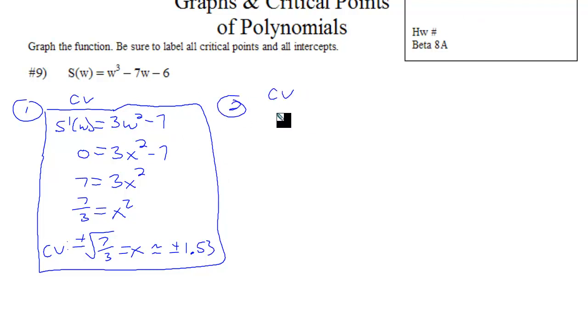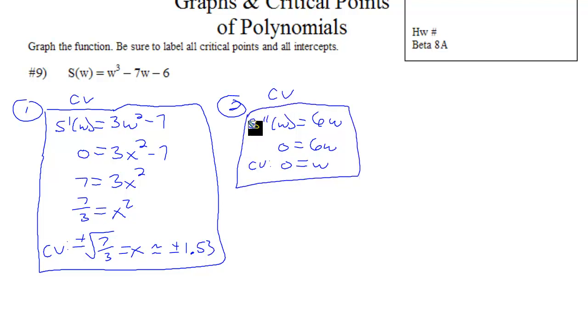Number 2, we can find more critical values by taking the second derivative, setting it equal to 0. You should know right now, with no work, what these critical points are. You should know which one's a minimum, which one's a maximum, which one's an inflection point.